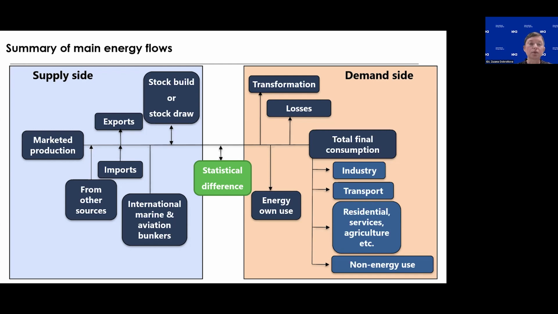Therefore, we would conclude that some of your uses were probably simply calculated because you couldn't measure them. And we would typically send you questions about that, why such uses couldn't be measured or where is the issue. But basically, we would expect the statistical difference to be small, but non-zero if all of your supply and demand side statistics are measured.